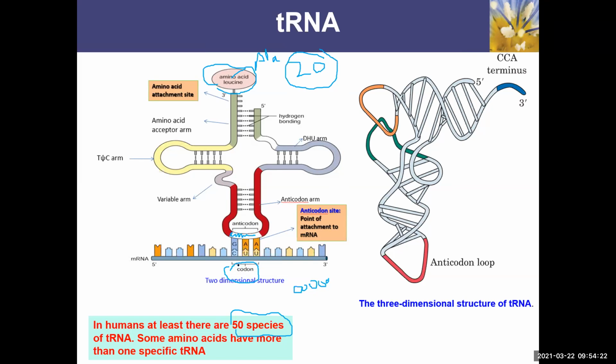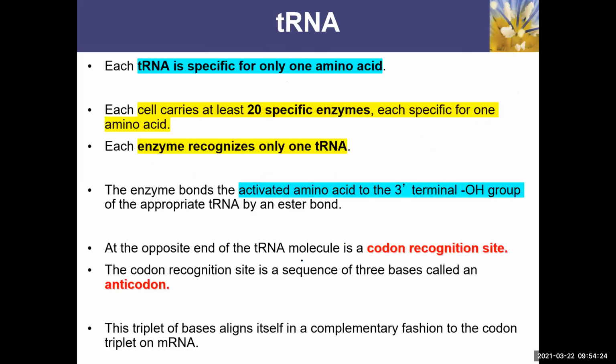Okay, so that was about the messenger RNA as well as the tRNA. The enzyme, we'll talk about in a while, about the activation of amino acid. The enzyme bonds the activated amino acid to the 3' terminal of the tRNA by an ester bond.